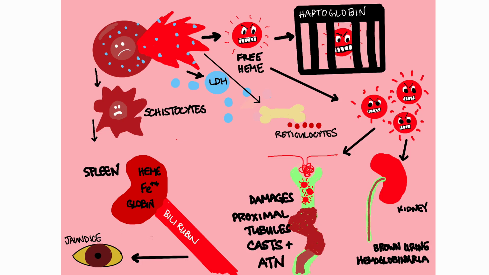In the spleen, red blood cells are broken down into heme, iron, and globin. Iron is recycled, globin is broken down into its amino acids and recycled, and heme is broken down into bilirubin, which binds to albumin and circulates in the bloodstream, causing jaundice.